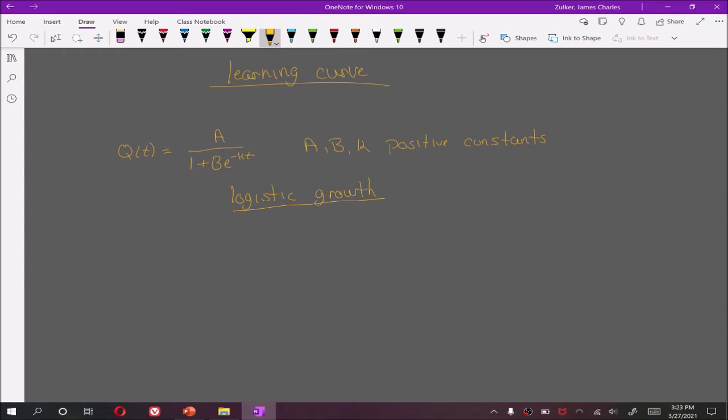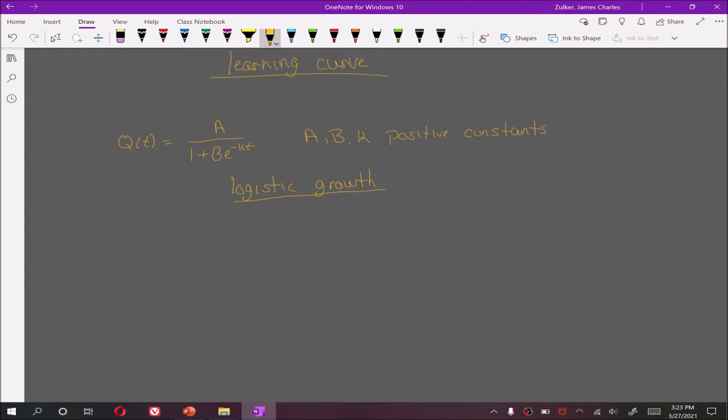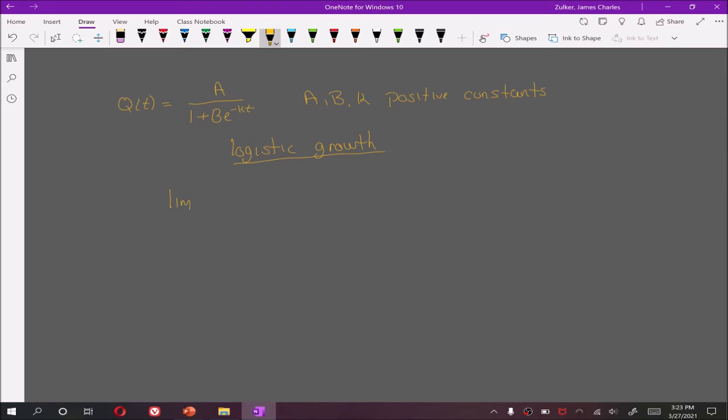First, let's take a look at the limit as t approaches infinity of Q of t. Right, this will be the limit as t approaches infinity of a over 1 plus b e to the negative kt. This term will go to 0 as t goes to infinity, so we're left with a over 1, which is just a. So in the long run, this function will equal a.